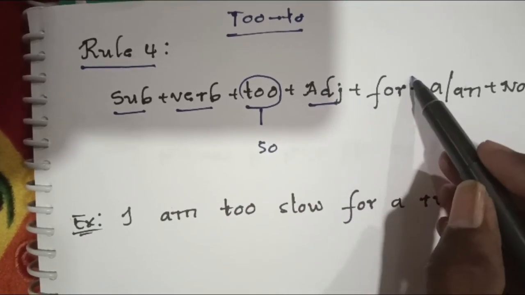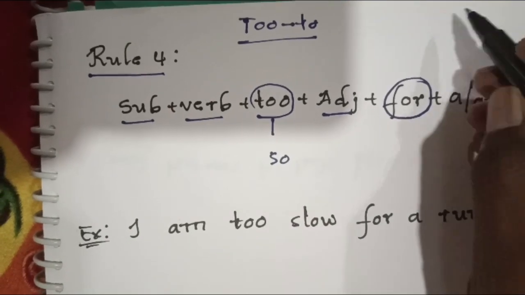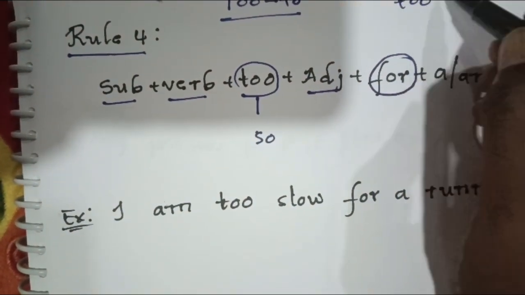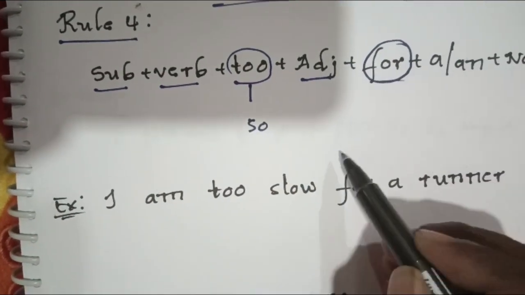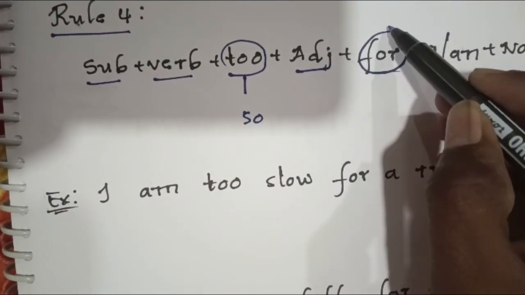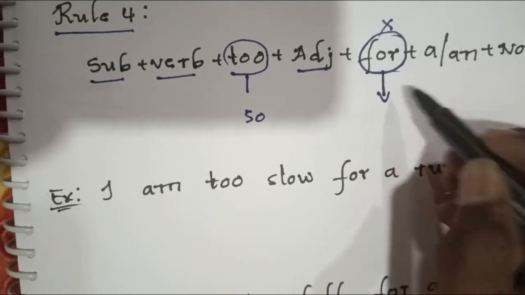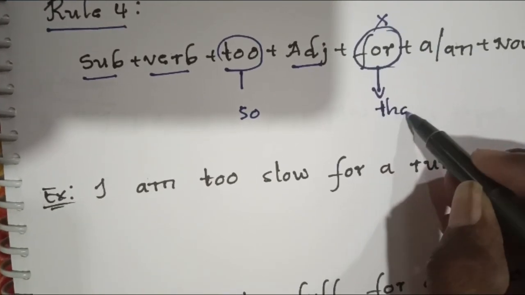We remove the 'for' part here. In previous exam examples, 'too' and 'that' were both given, but here it is not given. So in place of 'for' we must use 'that'.